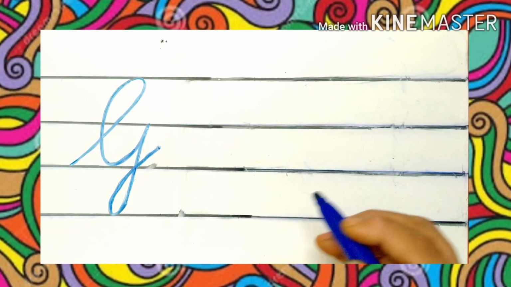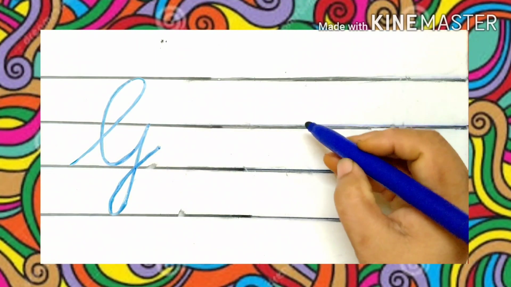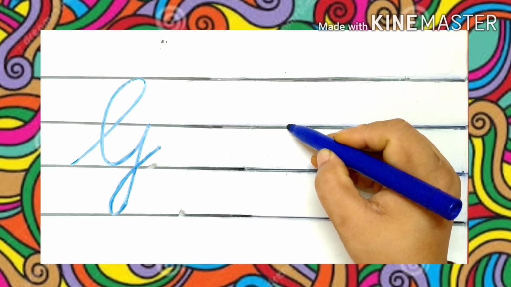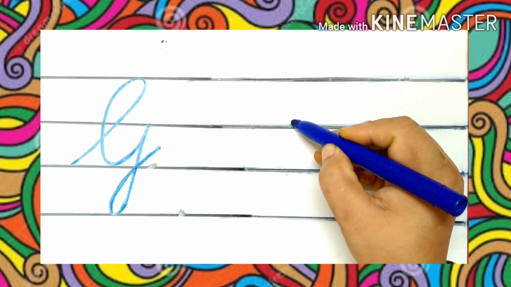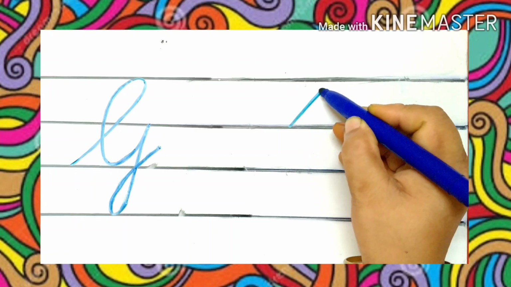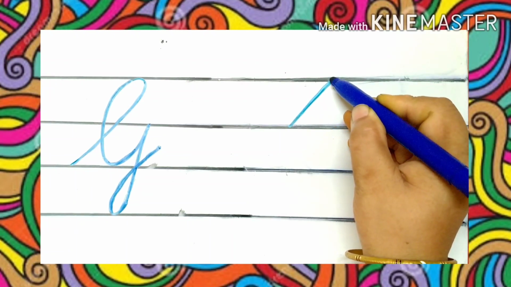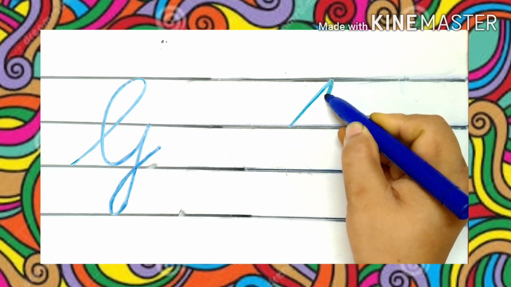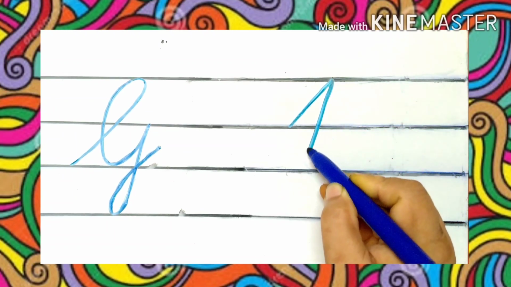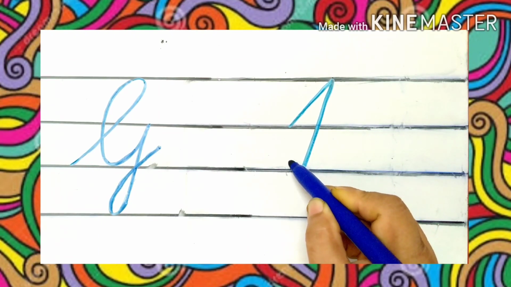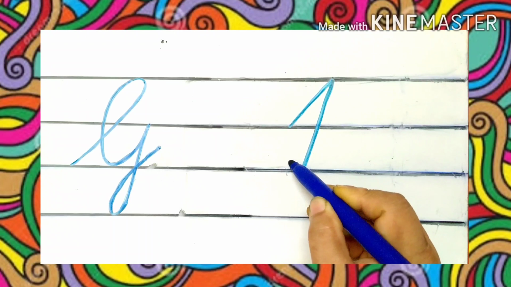Children, last letter is H. So put your pencil on the second line like this and make a slant line. Touch it to the top line. Then again a slant line and touch it to the third line and make a small curve left side.